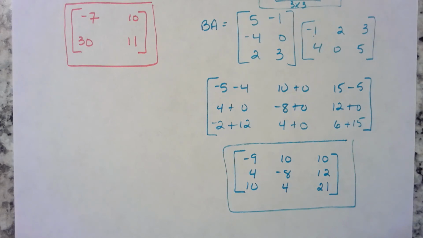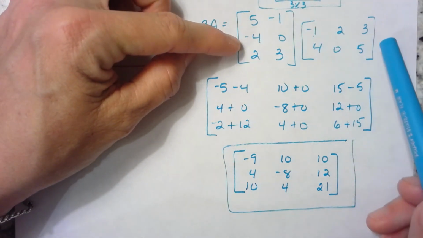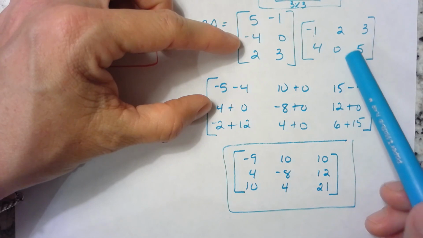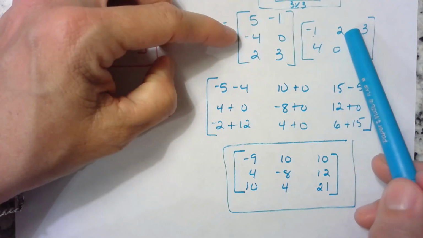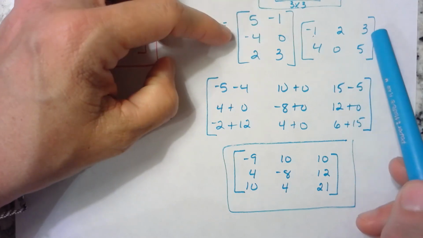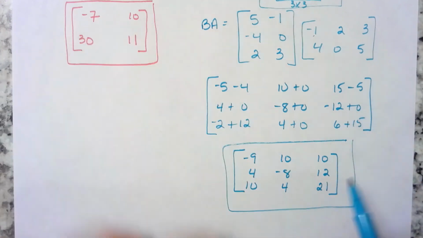Did I miss a negative in here? Yep, sorry about that. Negative 4 times 3 is negative 12, so that should be a negative 12.